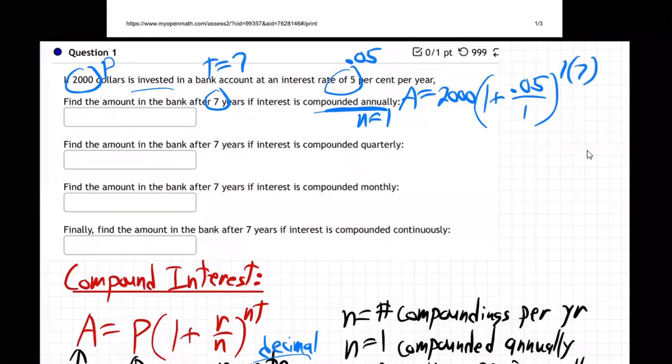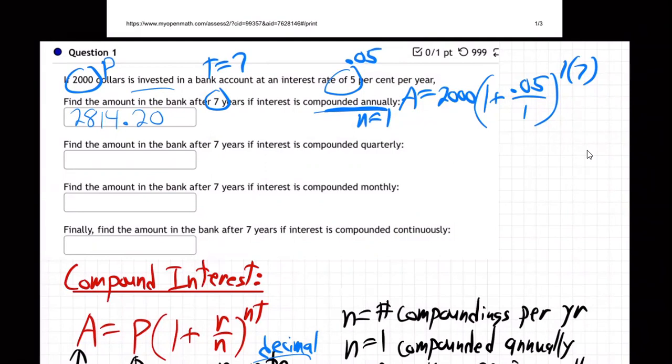All right, so on your calculator, you've got to put that in, just like you see it right here. Just type that into your calculator. I'll do mine right now. And I'm getting, what am I getting? 2814, just round to the nearest penny, I assume.